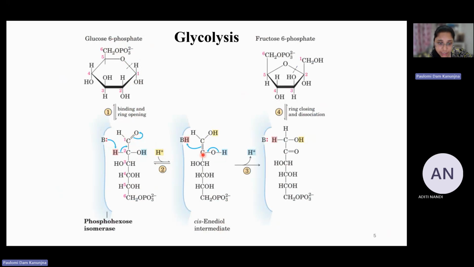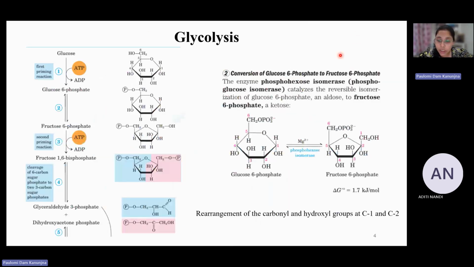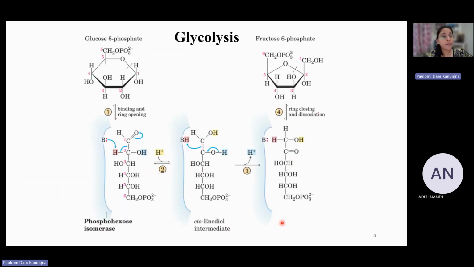What is en? En is this. What is ol? This is OH. So, enediol intermediate. And this leads again to a rearrangement, which forms the final structure of fructose, and then this gives rise to fructose 6-phosphate. So there is an enediol intermediate between glucose 6-phosphate and fructose 6-phosphate. That is what the last line here referred to, rearrangement of the carbonyl and the hydroxyl groups, right? So you have fructose 6-phosphate from your second step.